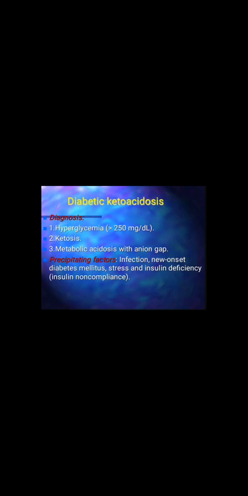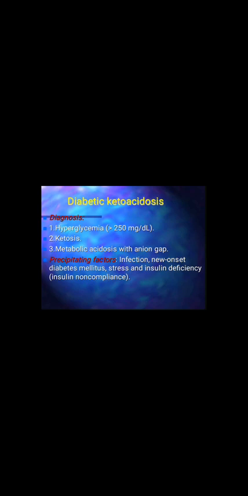That's one of the criteria we can say someone has DKA. Second is ketosis, and the third is metabolic acidosis with an anion gap. Those are the three classical things we can take in the diagnosis of DKA.